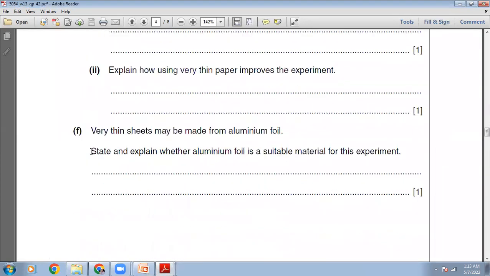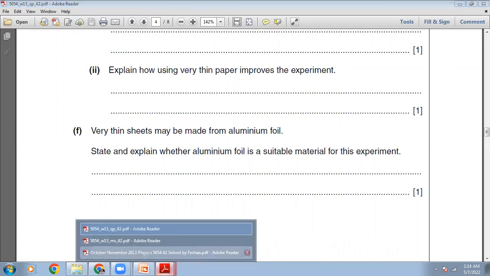Okay, then the question is explain how using very thin paper improves the experiment. You see, by using a thinner paper, more values of the force will be noted down.